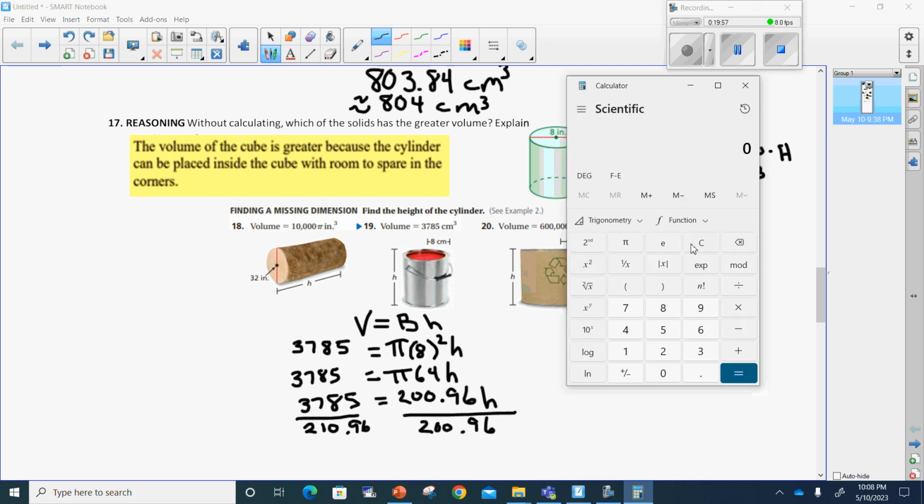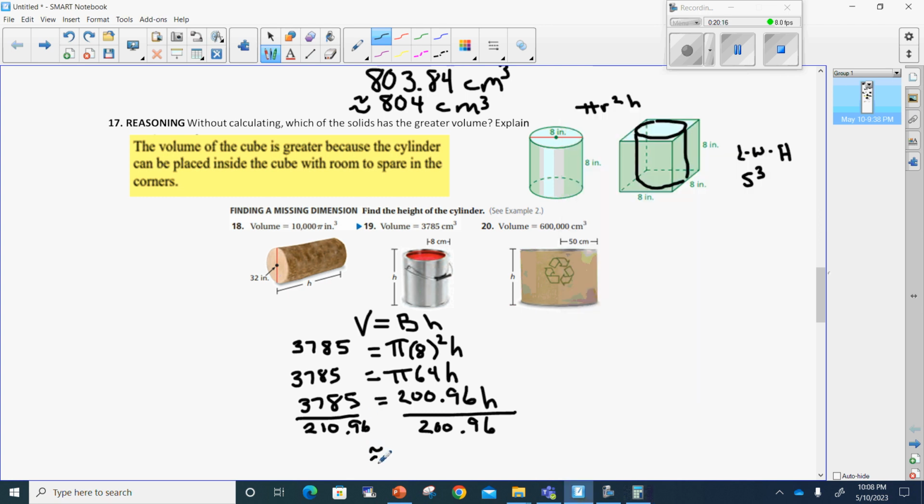We're taking 3,785 and we're dividing it by 200.96. That's going to give us, wow, I think it's going to round up closely to 18. So it's about 18. And that equals h.